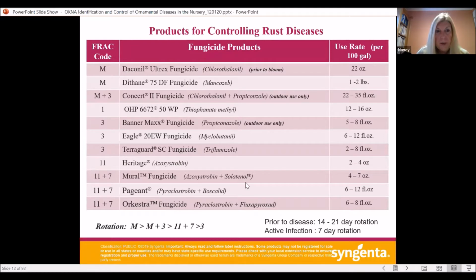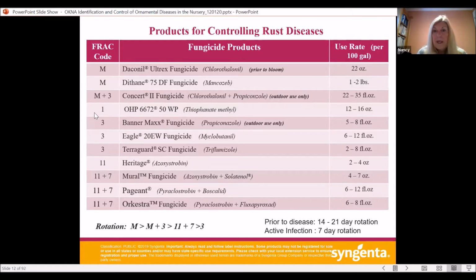And so you can see by utilizing that, you can structure your program so that you have a good resistance management strategy as well. So you see the M group here with the Daconil, Dithane. We have a combination with Daconil and Banner, which is Concert 2, a great product. Then you have some thiophanate methyl, which has activity.